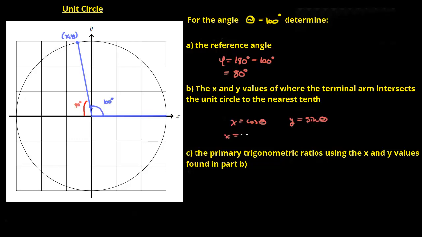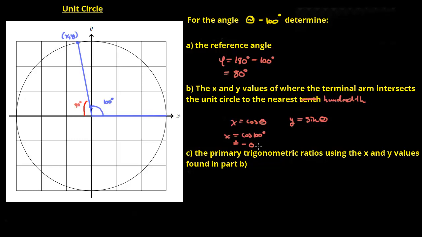So the x value is going to be equal to the cosine of 100 degrees. And we can figure out what the cosine of 100 degrees is on our calculator. So cosine of 100 rounds to negative 0.17. Sorry, we should say the nearest hundredth. Let's round this to the nearest hundredth.